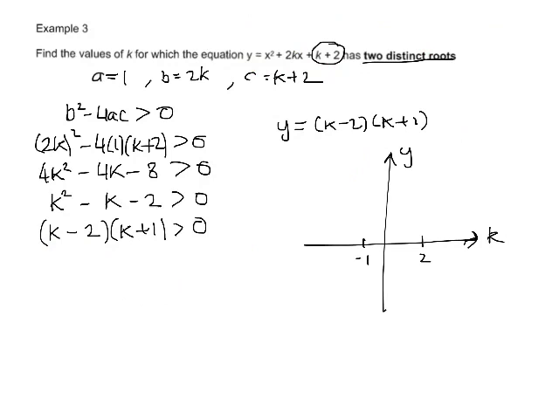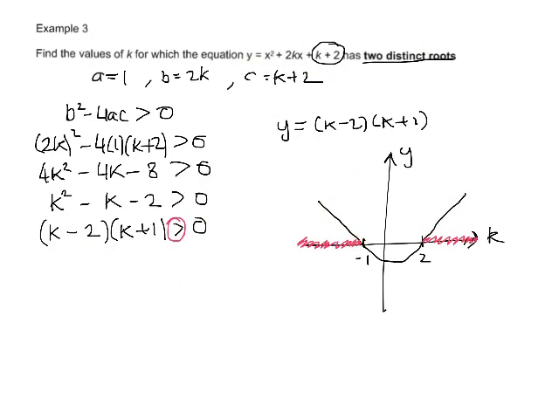And we know it's a positive shaped quadratic. And now we're looking at where this is greater than 0. So when is y, our y coordinates, greater than 0? So positive y coordinates here, so we can sketch that region, and we've got positive y coordinates here.